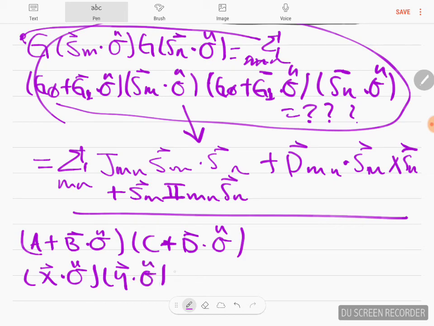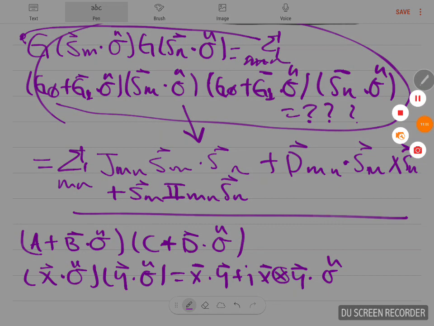This is very important to recall: x dot y plus i x cross y dot sigma. This is a cross product, so you just know. At another opportunity, we will come back and see where this comes from, why this type of operation is so important, and we will do some calculations using field theories and functional path integrals. So see you on the next opportunity.